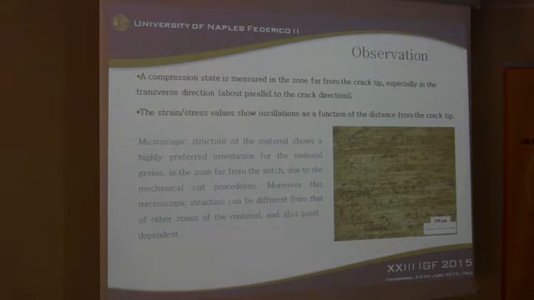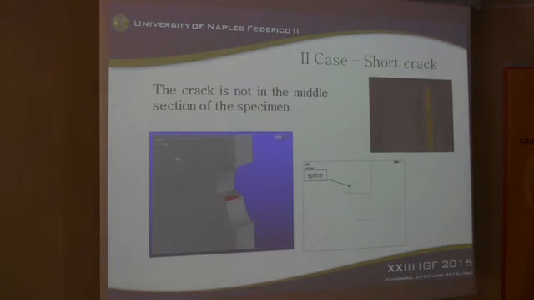Also, the microscopic structure of the material influences the measurement. In fact, in the zone far from the notch, we have a highly preferred orientation of the grains of the structure, and this influences the measurement. Moreover, this microstructure is different from other zones of the material and is also point dependent.